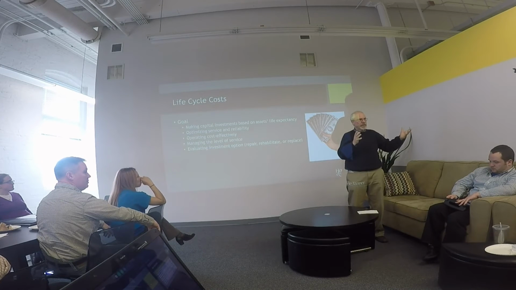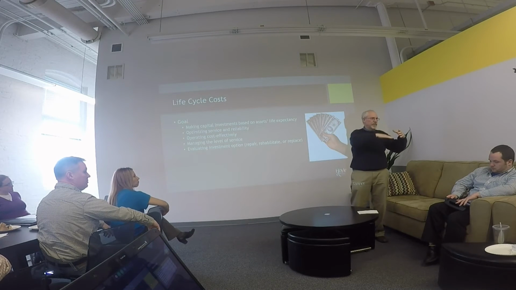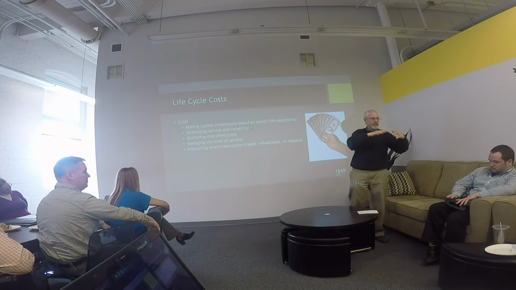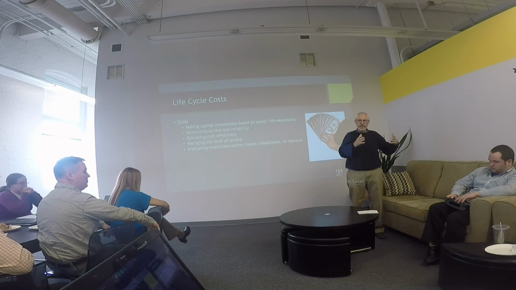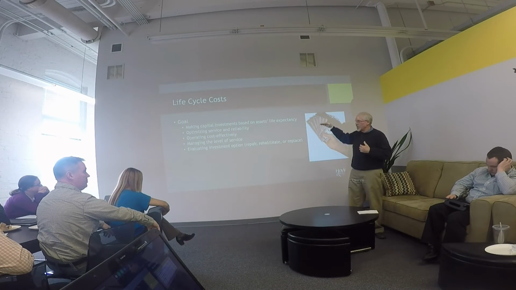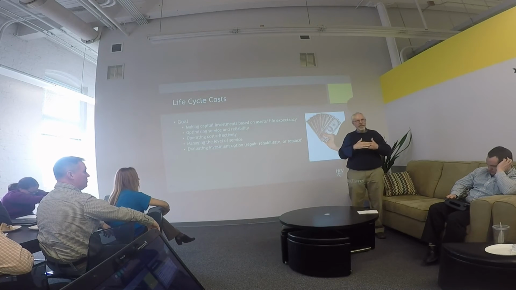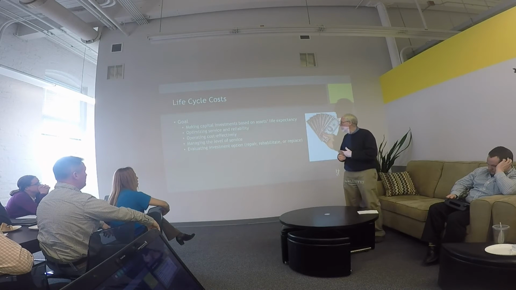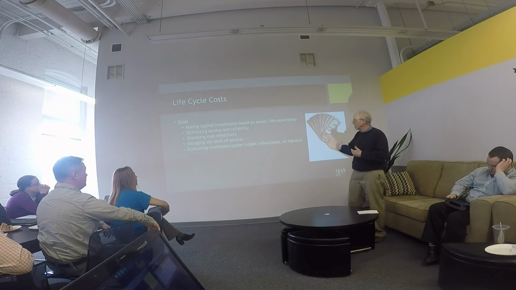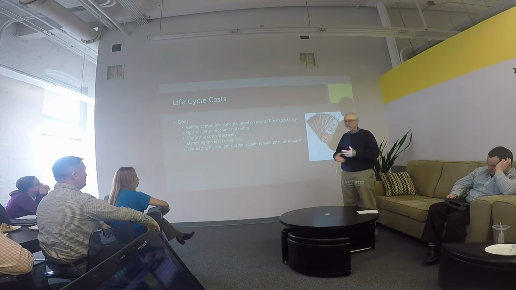The whole bridge requires pavement to be repaved every 10 years based on the condition. So when we start looking at things, especially low bid, is it low bid? Is there a life cycle cost side of it? And then you look at service and reliability.